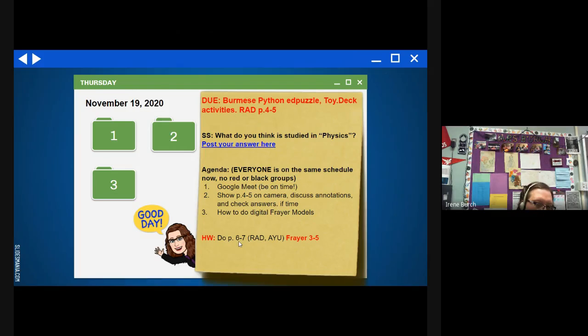You're going to do page 6 and 7, read, annotate, and do assess your understanding questions, Frayer model slides for terms 3, 4, and 5. Does that make sense? All right. Does anyone have any questions about what we did today?